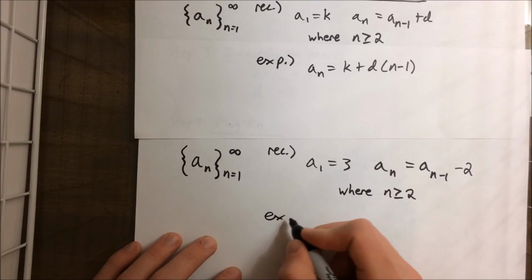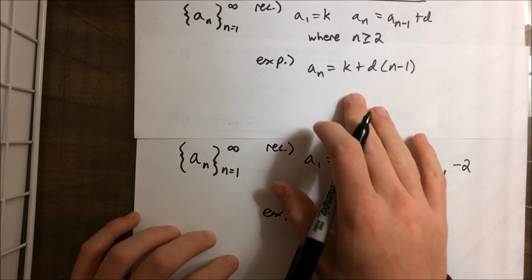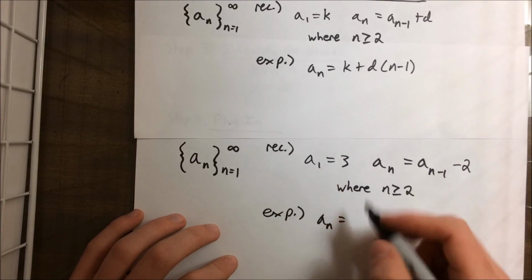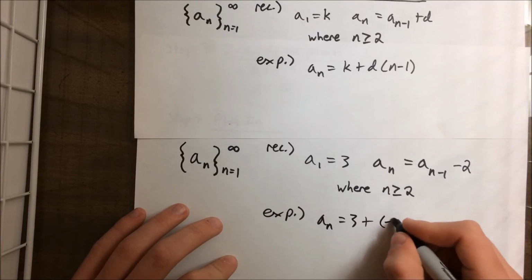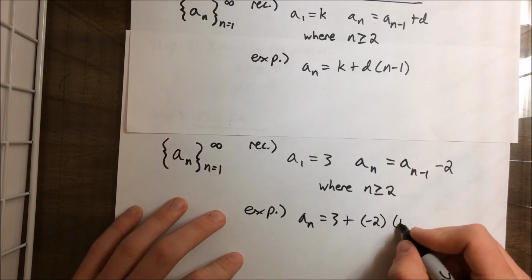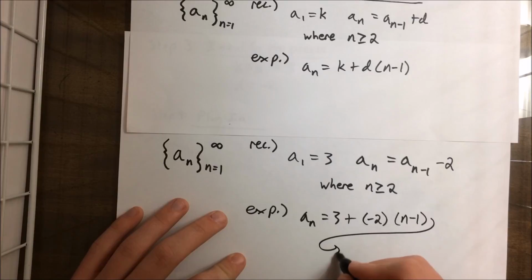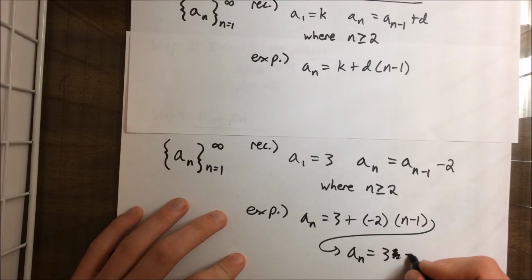And then the explicit is a sub n is equal to k, which is 3, plus -2 times n minus 1. So this simplifies to a sub n is equal to 3 minus 2 times n minus 1.